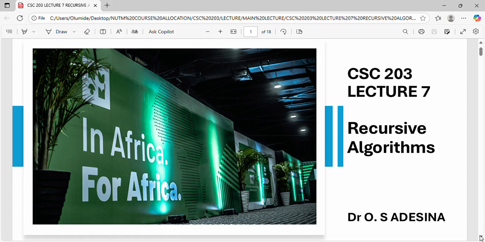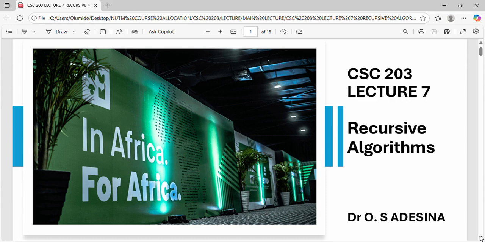N is equal to 1, if it's true, then n equals k. You substitute your n for k. Then I want to show that it is true for n equals k plus 1, which follows the hypothesis.